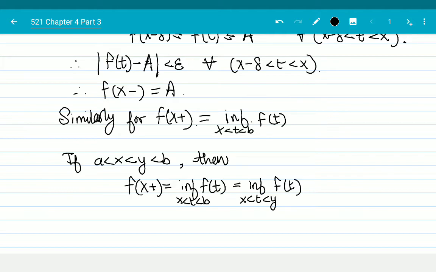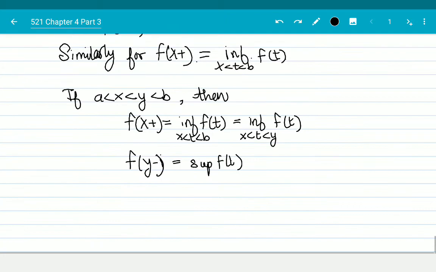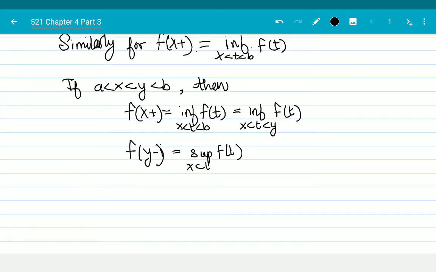And the last step we need is by showing f of y minus is equal to the supremum of f of t, a smaller than t smaller than y, which is equal to the supremum of f of t, x smaller than t smaller than y.